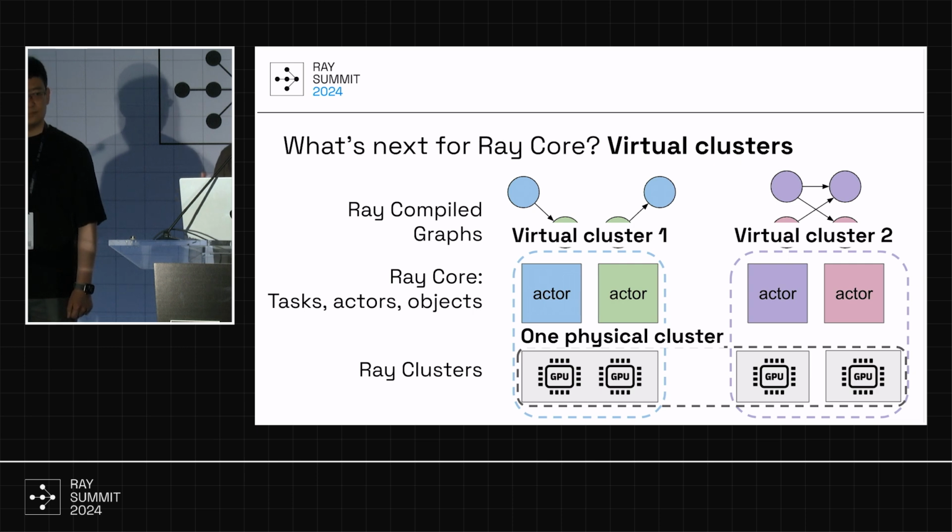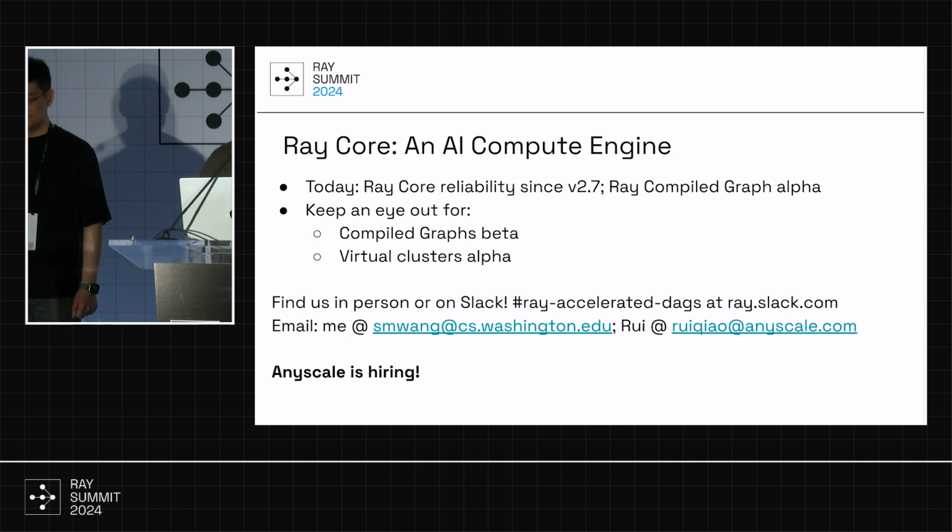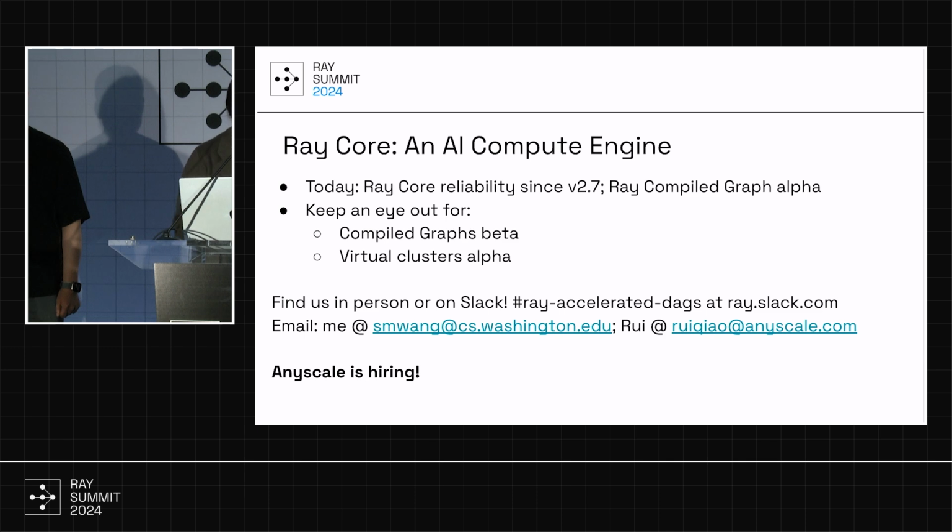Hopefully in the future, this will allow us to efficiently share resources between jobs while also enforcing resource isolation between those jobs. Okay, so today we talked about some of the exciting developments in Ray Core towards its present and future as an AI compute engine. And we're happy to take any questions.